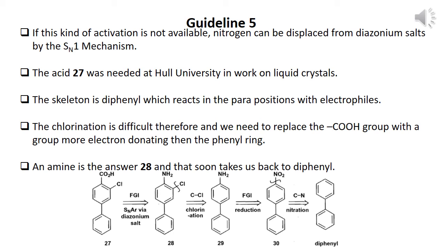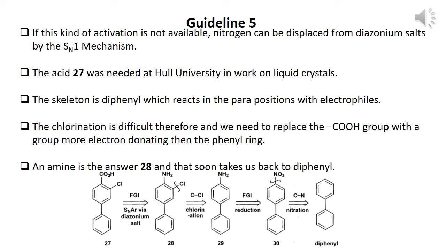So chlorination is difficult, and we need to replace the carboxylic acid group with a group more electron donating than the phenyl ring. So the amine is the answer, 28, and that soon takes us back to diphenyl.